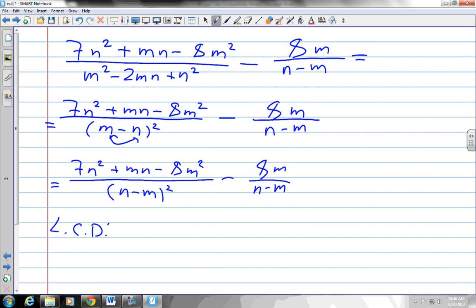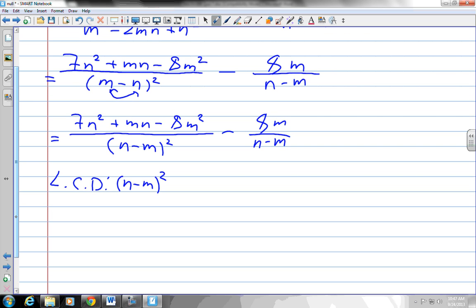So what is the LCD? N minus m squared, right? So you have n minus m squared, and then you have n minus m. Pick the highest power. So you only need n minus m squared. That means the first fraction is happy.